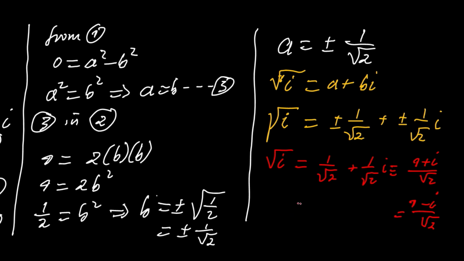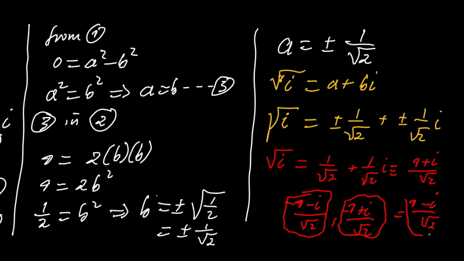The next one will be minus 1 minus i all over root 2, and the other one will simply be minus 1 plus i all over root 2. So those are the various solutions for the square root of i. There are actually 4 of them.